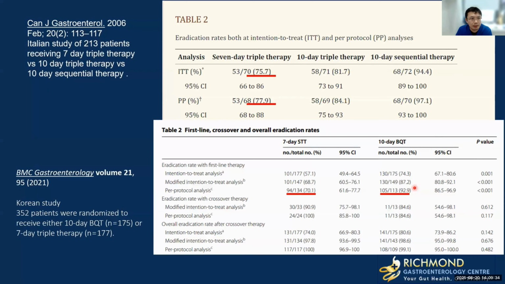In these two studies, from Italy and Korea, it shows that as you increase the antibiotic duration from 7 to 10 days, the eradication rate also increases from 75% to 81%. The same thing in the Korean study: as you increase it, the eradication rate goes up to 92%. So the longer the better. But I think the current standard is always 10 to 14 days.